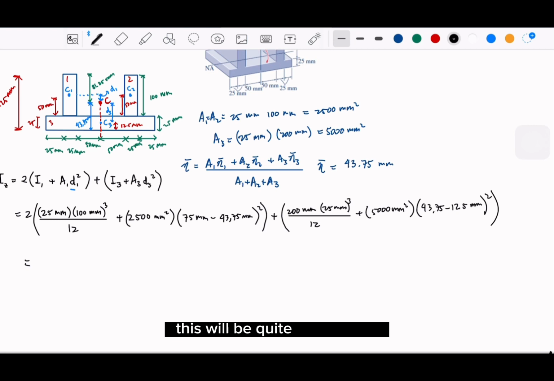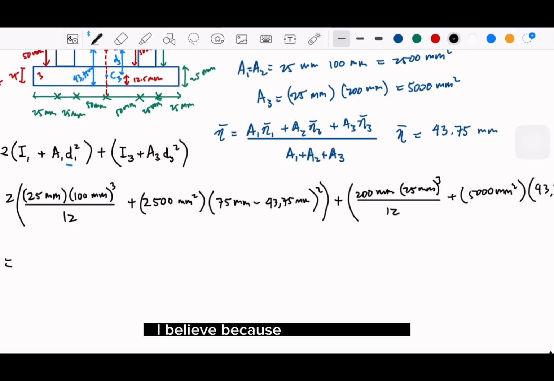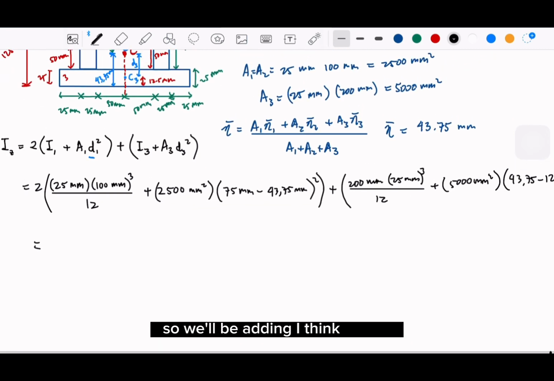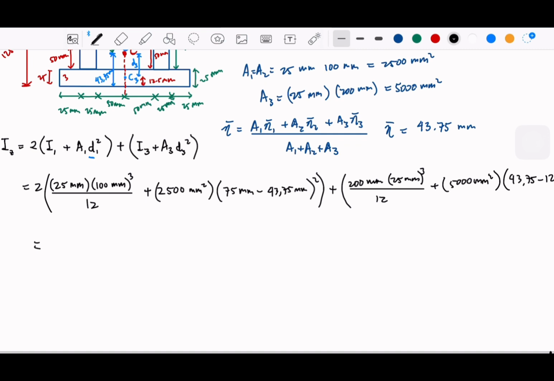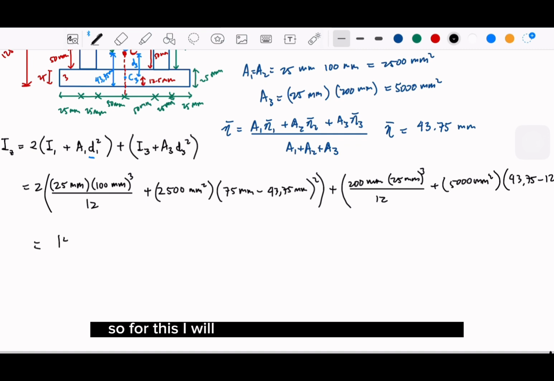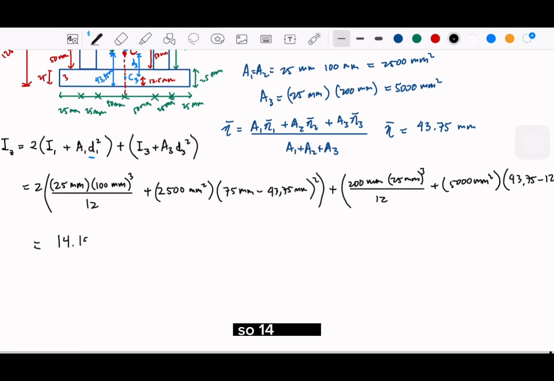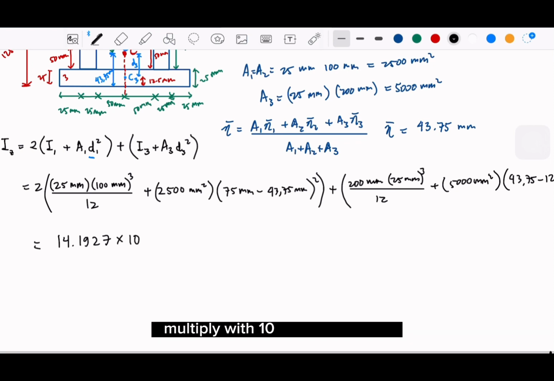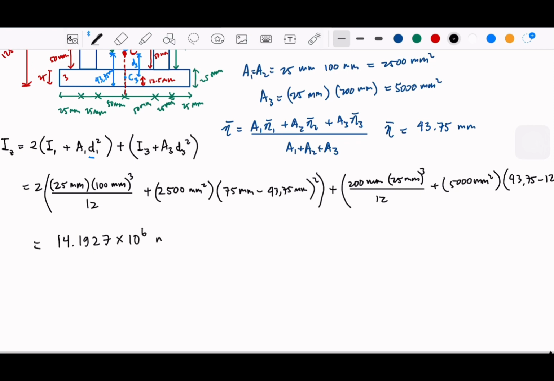This will be quite a big number because it's in millimeters, so it will be in the millions. I will just write the approximation: 14.1927 times 10 to the power of 6 millimeter to the power of 4.